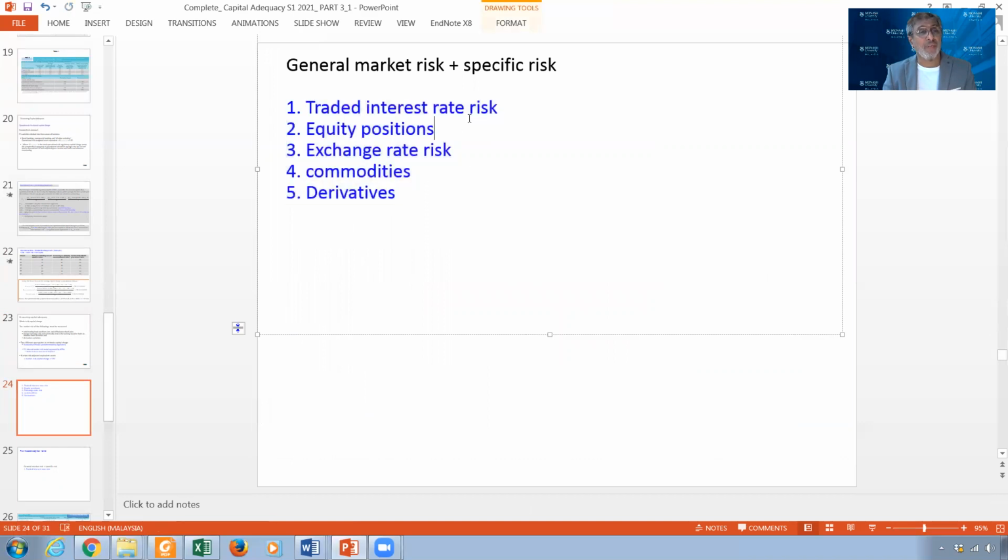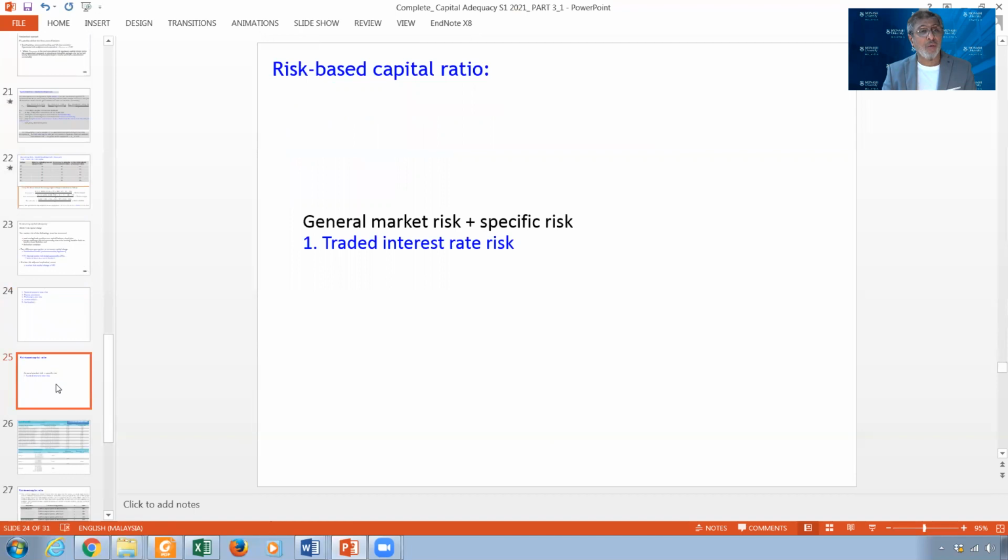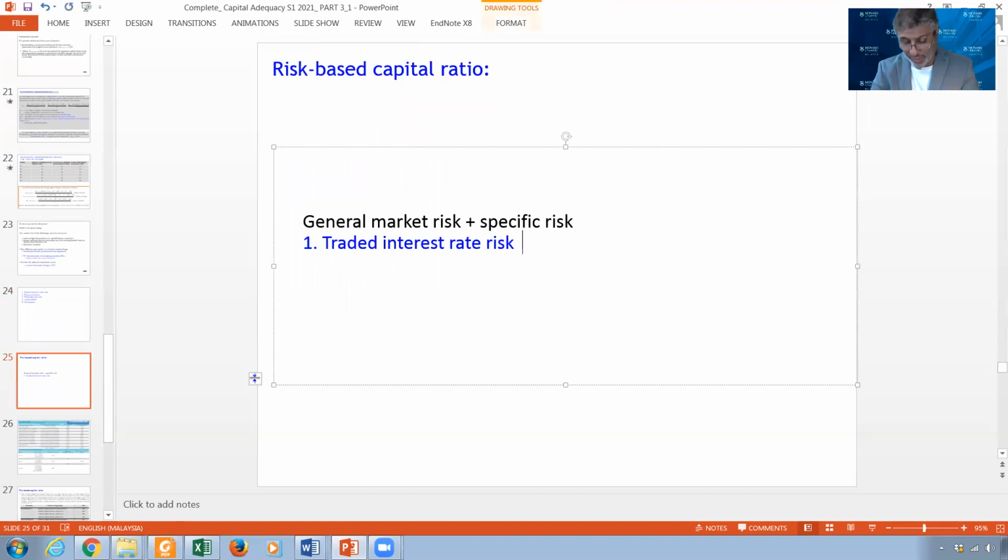We have interest rate risk for the trading, and this is actually for the fixed income. We have equity positions, exchange rate risk, commodities, and derivatives. Let me show you how they do it for the traded interest rate risk. This is for the fixed income securities.